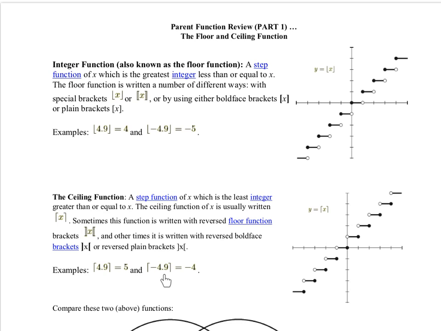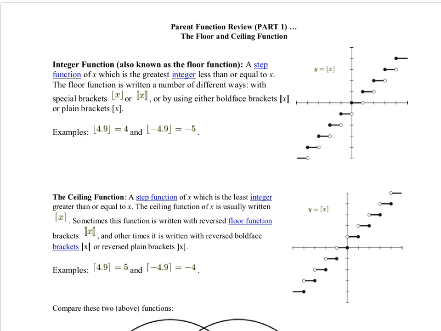Negative 4.9, when I round that up, is negative 4, because that would be the next higher number from negative 4.9. So don't get confused about that. Remember the negative sign: you're on the negative part of your number line, so as you move from left to right, the numbers get larger.